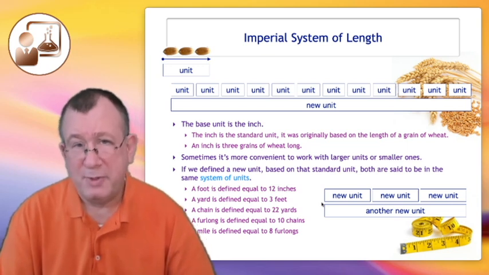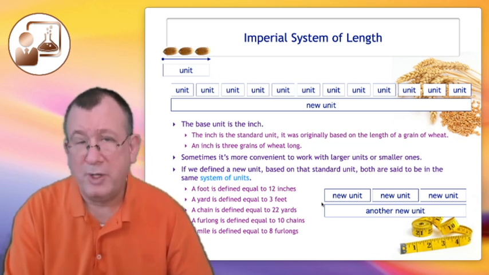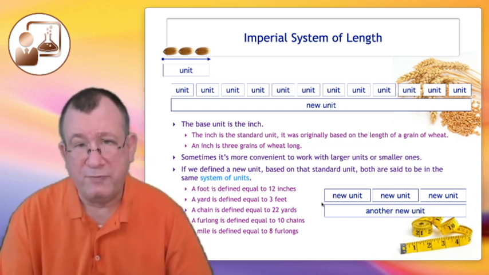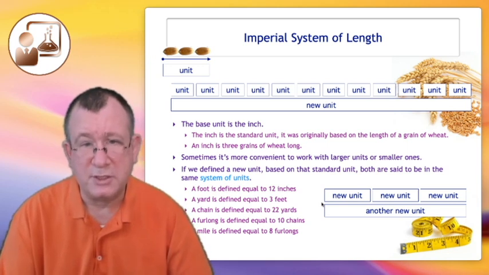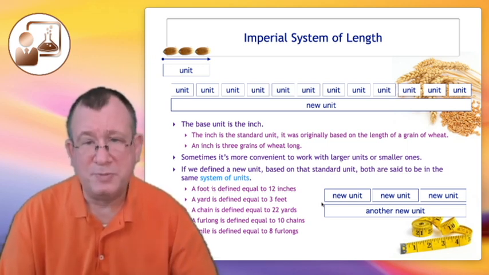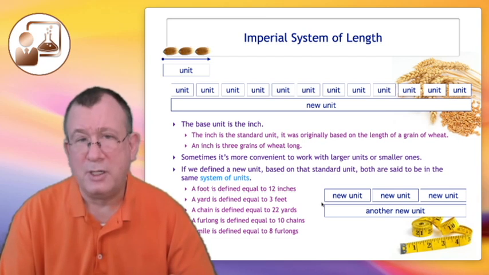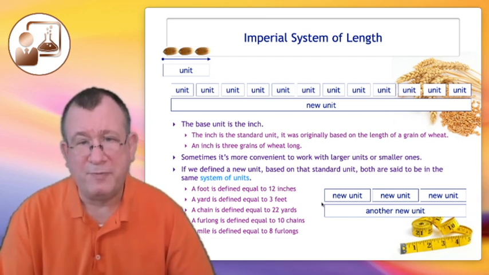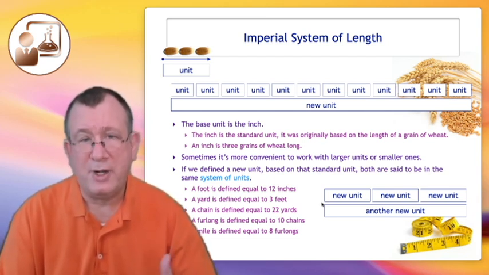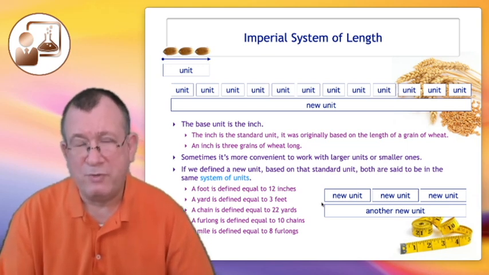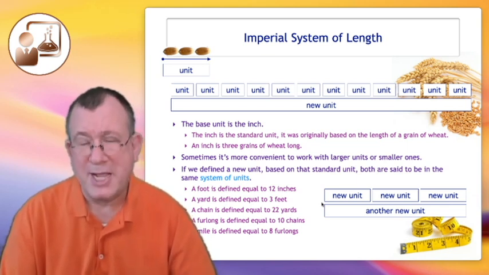As you wanted to get something bigger, you just scaled off of that. So if we all agree on what an inch is, we can all agree what a foot is. It's just 12 of those inches. And then we can go up to a yard, a chain, a furlong, a mile. We can keep going up from that. We can also figure out how to use that grain of wheat to find volume and mass.